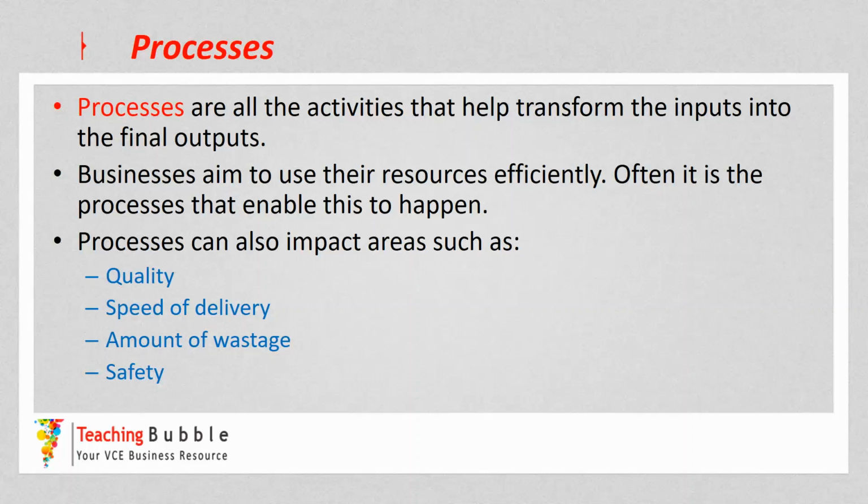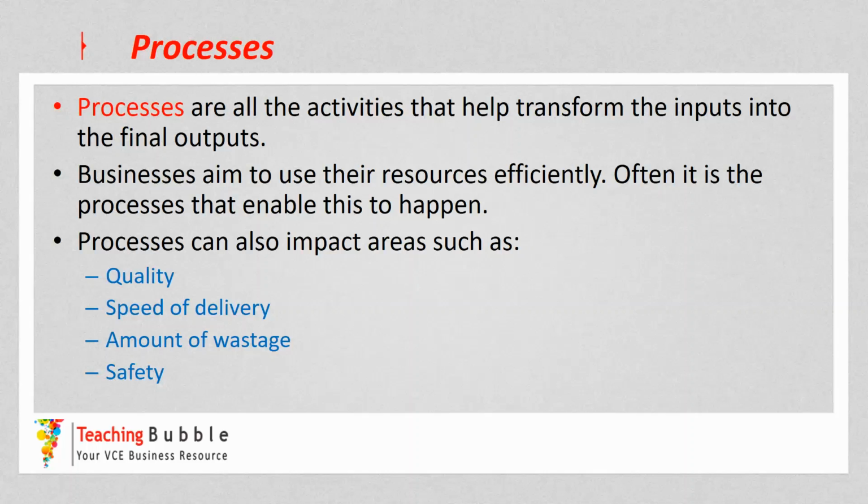Processes are all the activities that help transform the inputs into the final output. These are all the activities that actually convert the inputs into a final product. Businesses aim to use their resources really efficiently because that helps reduce costs and improve productivity, and often it is the processes that enable them to do that.